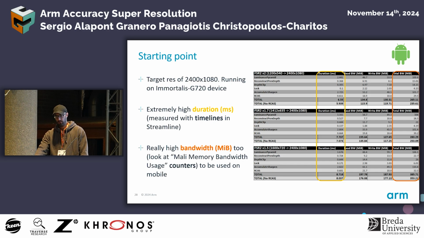And here is a breakdown of the stock FSR2 running on the G720 device. If we focus on the 540 to 1080 upscaling, we'll see that the total time spent in the upscaler is almost 6 milliseconds, and the total bandwidth is around 235 megabytes. So we are 1.4 milliseconds and 103 megabytes of bandwidth over our absolute minimum target, which is not great.